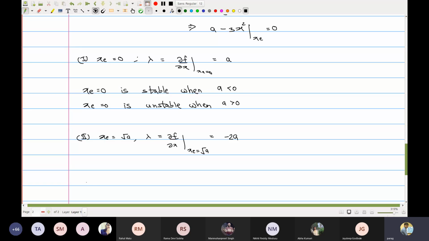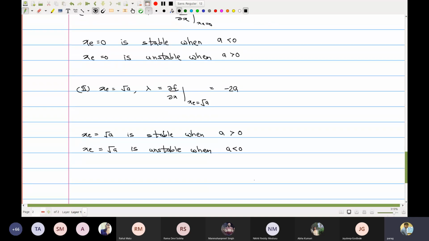So xe equal to root a is stable when a is greater than 0, because I have a negative sign here. So now the condition becomes opposite, and xe equal to root a is unstable when a is less than 0.